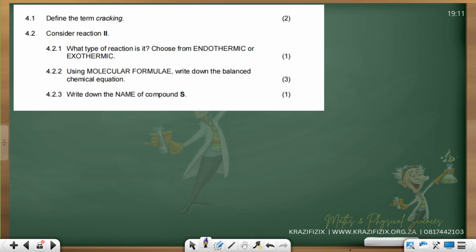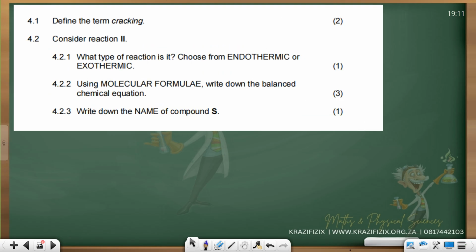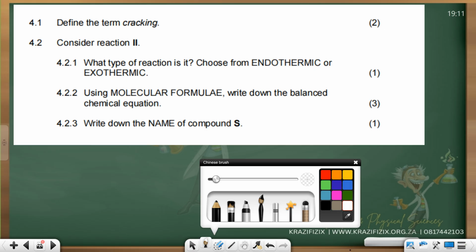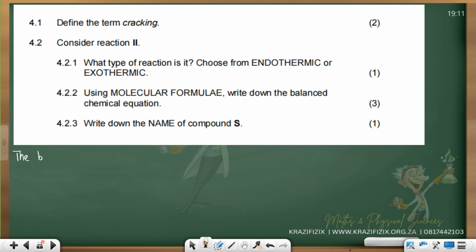Come, let's go. Define the term cracking. Okay, guys, I'm sure you can define. What is cracking? Don't say somebody's high, please. No, we're not talking about that crack. What is cracking? What is missing? The breaking down of what?